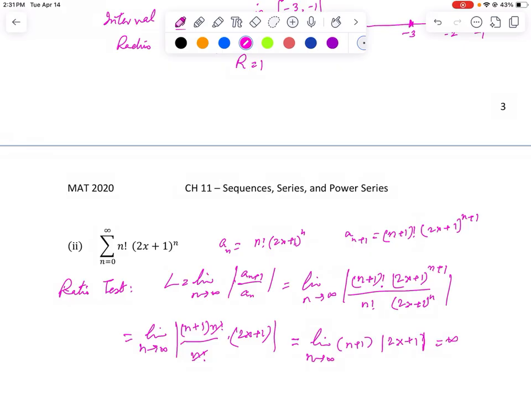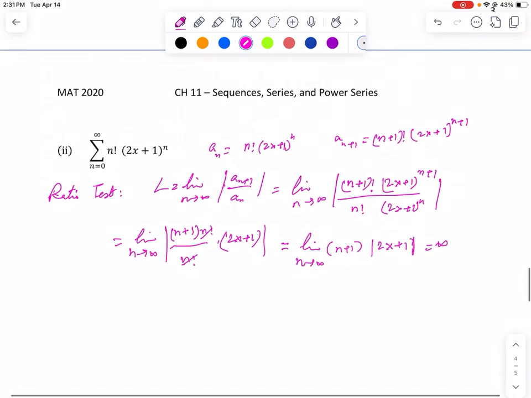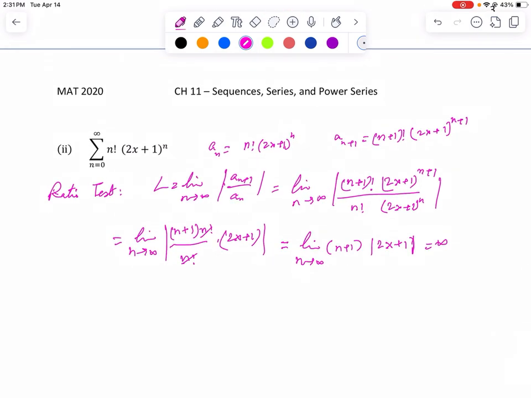So what does that mean? It means no matter what value of x you have, the limit is going to be infinity, which is a number bigger than 1. So it means it will diverge.